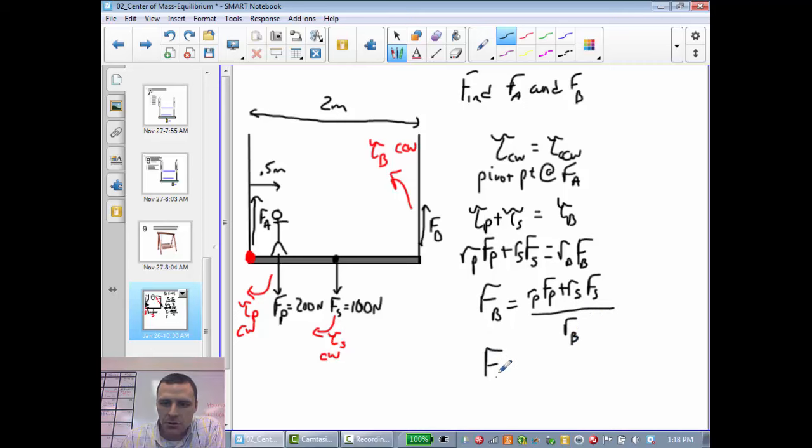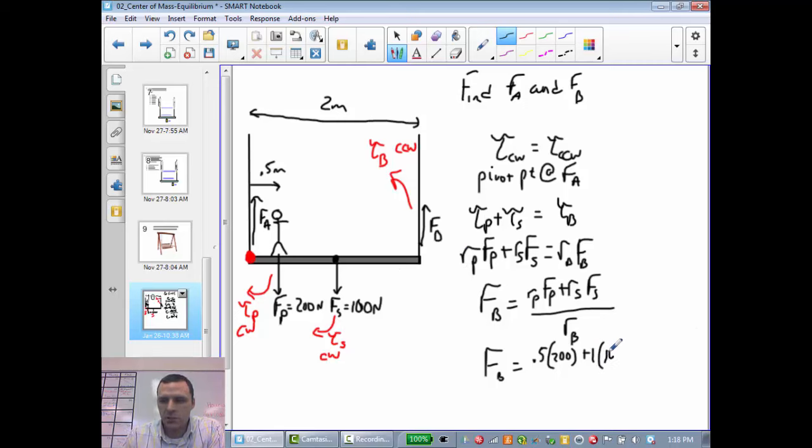Now I'm going to plug in the numbers. RP is the distance from the pivot point to the person, so that's 0.5. FP is the weight of the person, so it's 200. Plus RS, the distance from the pivot point to the center of mass of the swing, which is 1 meter, half of the 2 meter length of the swing.